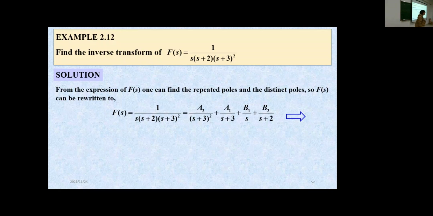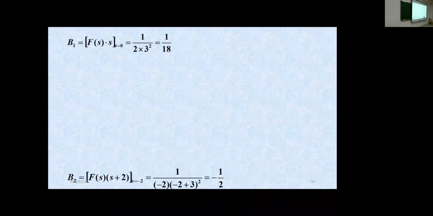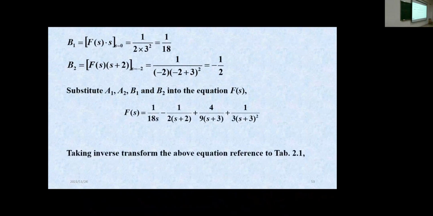Don't make a mistake, but the process is just the same, no matter whether they're distinct poles or repeated poles. Or maybe this math is so complicated that people still prefer an easier one.